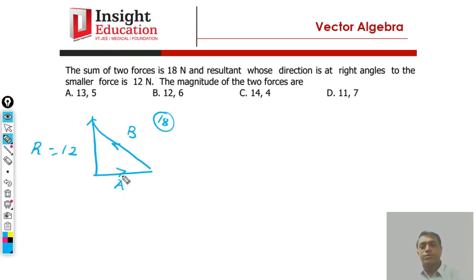The magnitude of two forces, again it is a right angle triangle, so if the resultant side is 12, the other side should be... 12 and 6 is not possible, 14 and 4 not possible, 11 and 7 not possible, so answer is only 13 and 5. So A is equal to 5 and B is equal to 13. Otherwise, you know R is equal to under root a square plus b square plus 2ab cos theta, and tan alpha is equal to b sin theta upon a plus b cos theta.